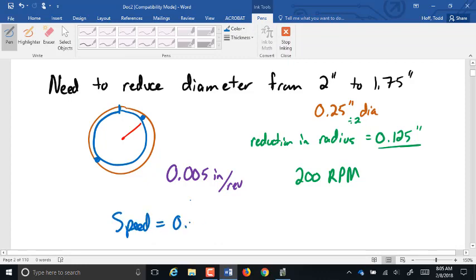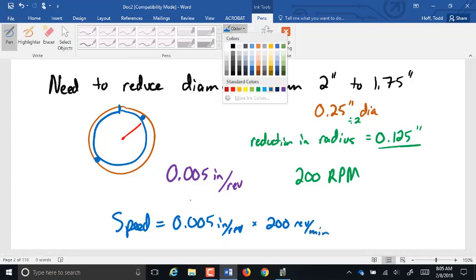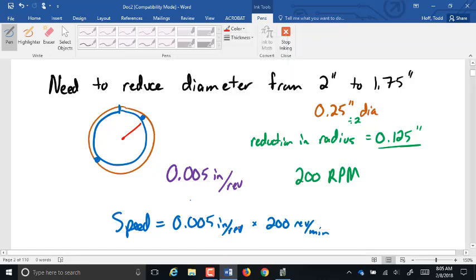Speed is the 0.005 inches per revolution times 200 revolutions per minute. Revolutions cancel. 0.005 times 200 is what, 1 inch per minute? Does that make sense?